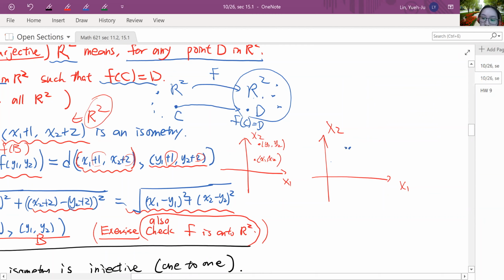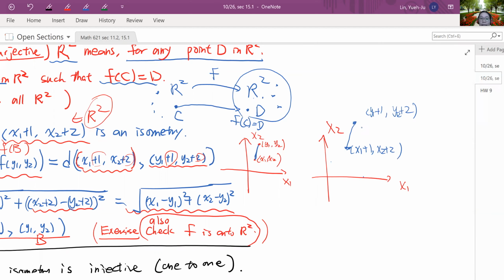So this is x1 plus 1 and x2 plus 2. You do the same thing with y1: y1 is originally here, and it shifts a little bit higher up. So you can see that the distance between these two points should be the same. I didn't draw the picture very well, but you can check it should be the same. Maybe the point should be lower to maintain the distance. That's better. So you can see it's some kind of translation or shifting.